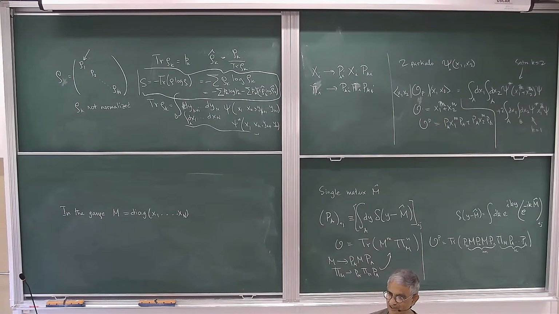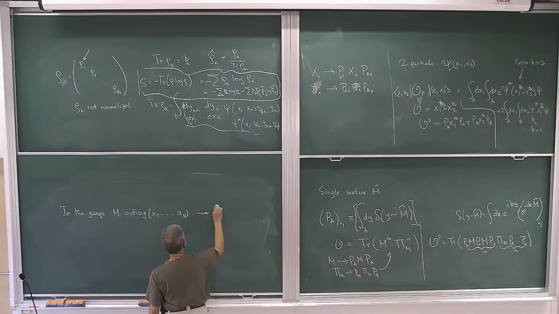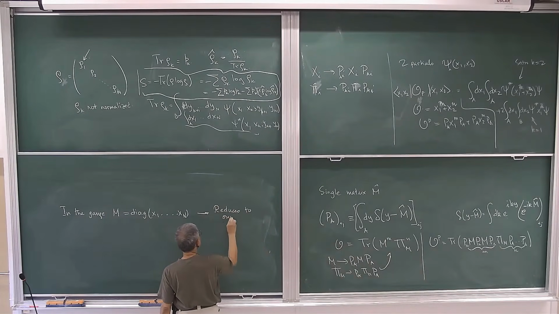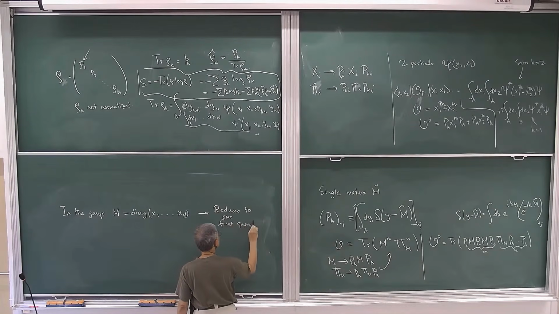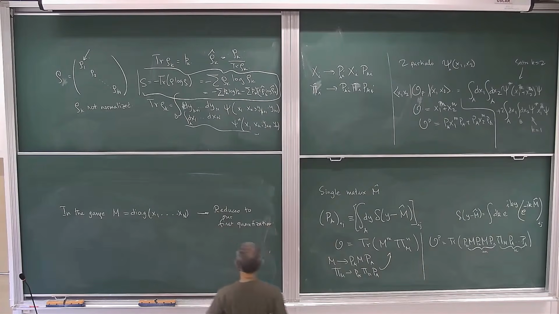It's quite trivial to check that. Okay? Once we have written it in terms of the matrix, it reduces to the first quantization. So now we are ready to embark onto multiple matrices.